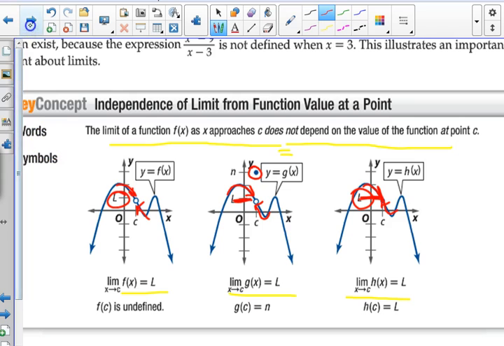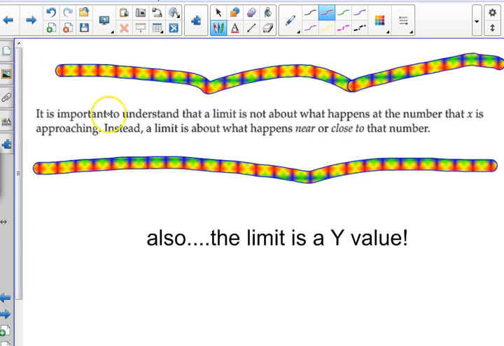So that's the limit. So it's important to understand that a limit is not about what happens exactly at that value, but what it is approaching. Okay? A limit is about what happens near or close to that number. And then the other thing to remember is that the limit is the y value. It's not the x, okay?